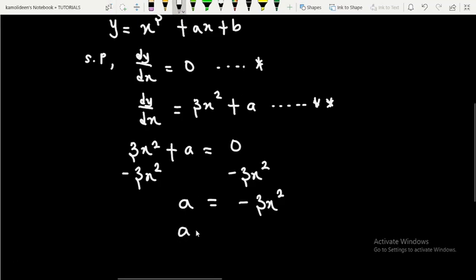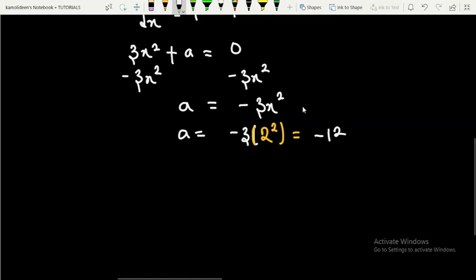So that means a equals negative 3 multiplied by x squared. So that's going to give us 2 squared. Now by the time we multiply that, negative 3 times 2 squared will give us negative 3 times 4. That gives negative 12.